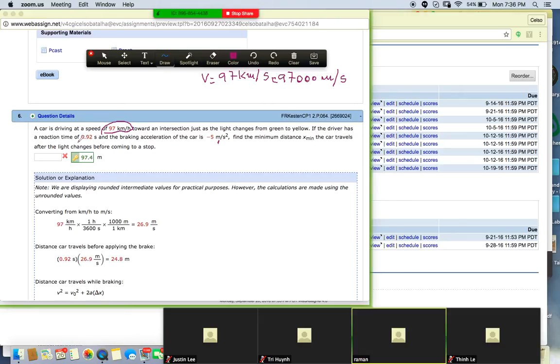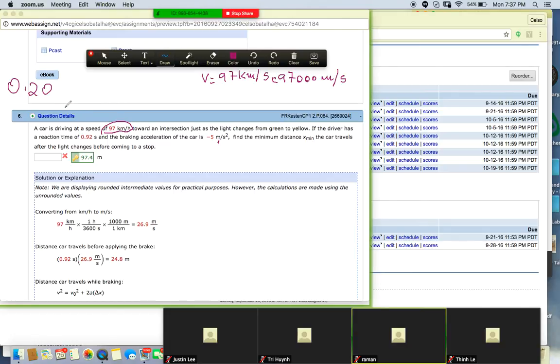If the driver has a reaction time of 0.92 seconds, with this reaction time, this driver is either slow or drunk. 0.92 seconds is a lot. The human reaction time we can measure in the lab is about 0.2 seconds.